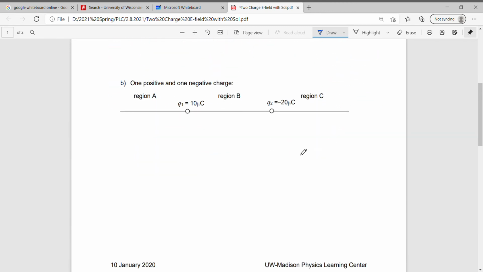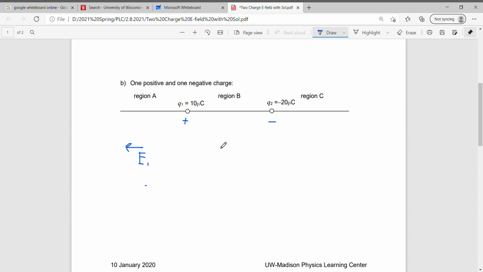Now let's move to part B. Now we have a positive charge and a negative charge. What's different is that E1 is still the same, pointing to the left.